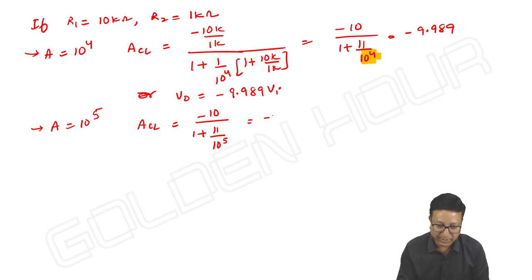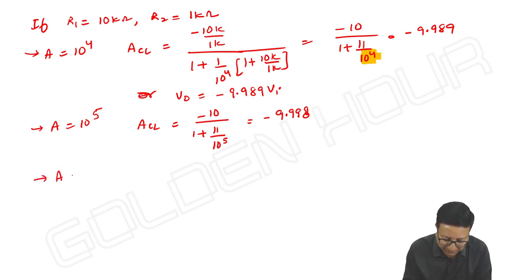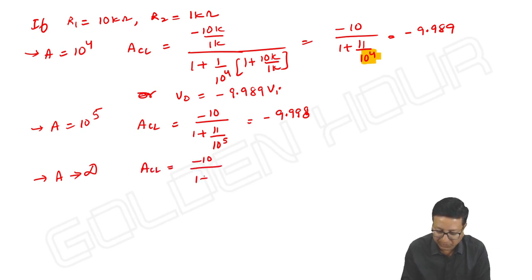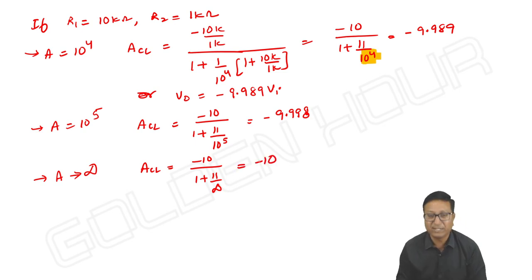If you compute it, it comes to around minus 9.998, much closer to minus 10. Or suppose A is tending towards infinity, then what is the closed loop gain? Minus 10 by 1 plus 11 by infinity, its value is equal to minus 10.